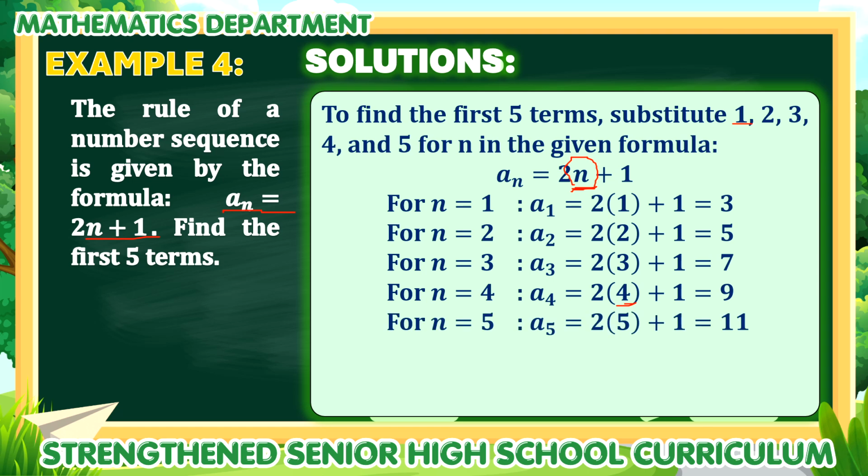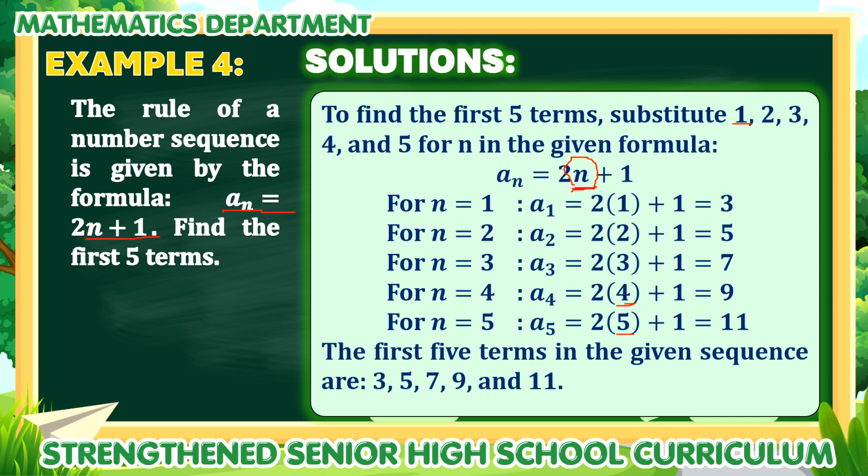And for n equals 5, a sub 5 is equal to 2 times 5 plus 1 equals 11. So the first 5 terms of the sequence defined by the formula a sub n equals 2n plus 1 are 3, 5, 7, 9, and 11.